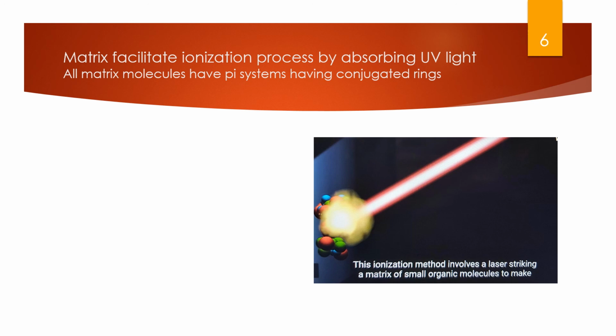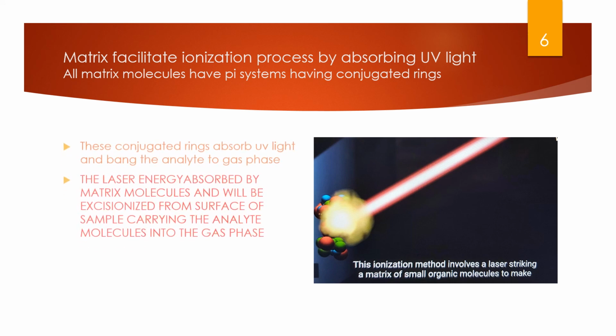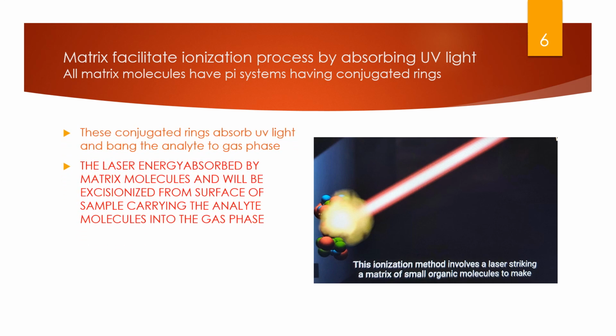Now this picture simply shows the ionization method that involves a laser striking a matrix of small organic molecules. These conjugated rings that we just mentioned absorb UV light and bang the analyte into the gas phase. The laser energy is absorbed by matrix molecules and ablated from the surface of the sample, carrying the analyte molecules into the gas phase.